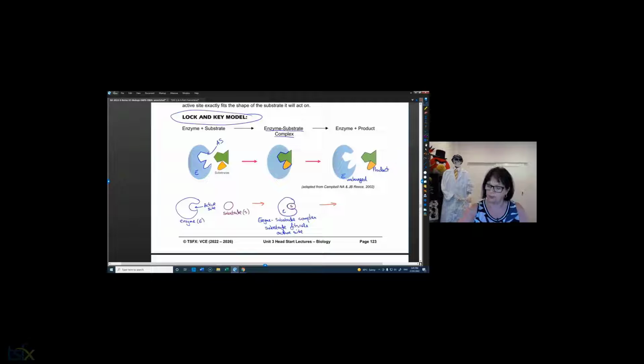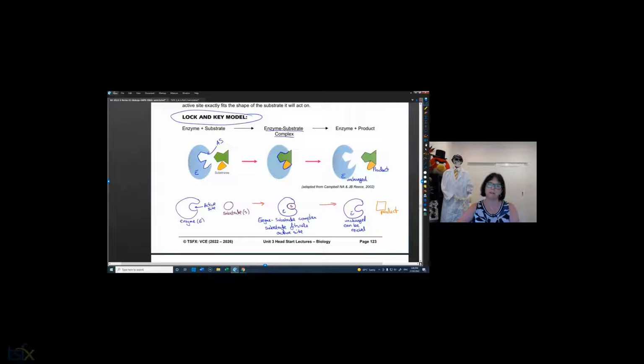Then we come to our final picture where we have our enzyme and we write unchanged and can be reused. And now I'm going to put a product, and I make the product a different shape. So that's the typical lock and key model of how enzymes attach to their substrate, and then we get the enzyme unchanged and a product formed at the end.